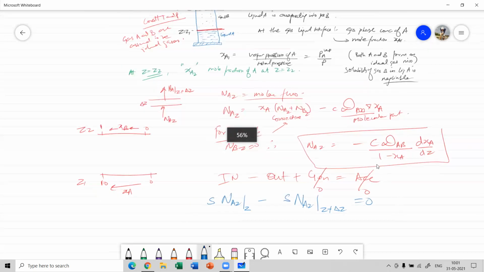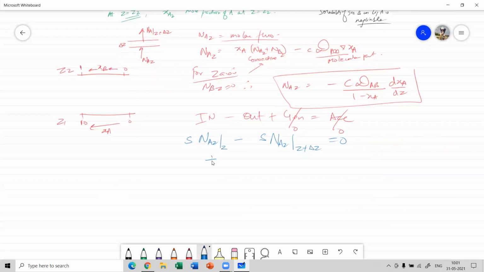So if we divide this entire equation by S delta z, what we have is N_Az at z minus N_Az at z plus delta z over delta z equal to 0. We'll take the limit, delta z approaches 0.